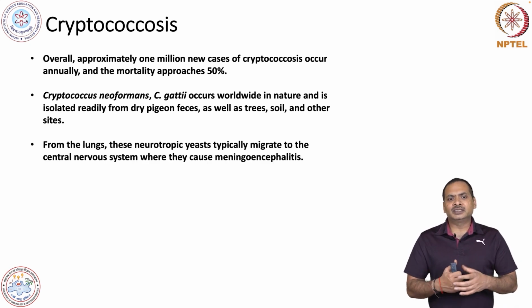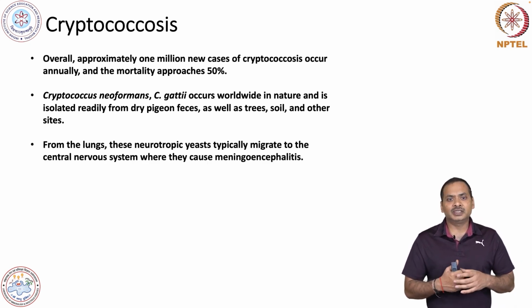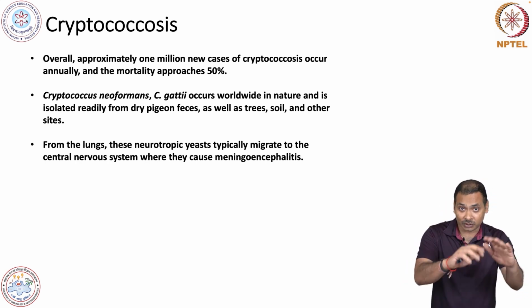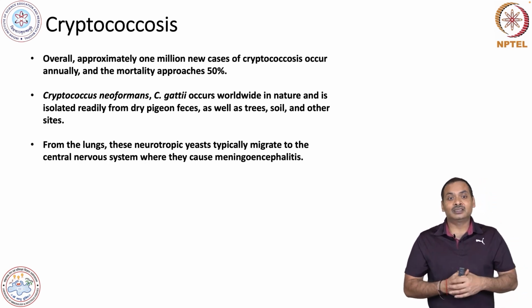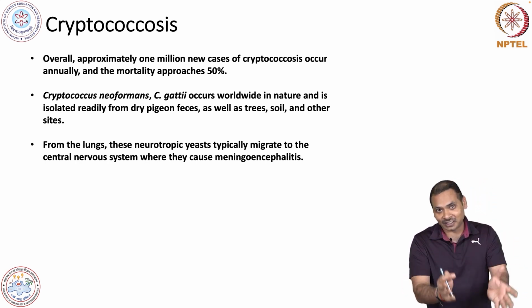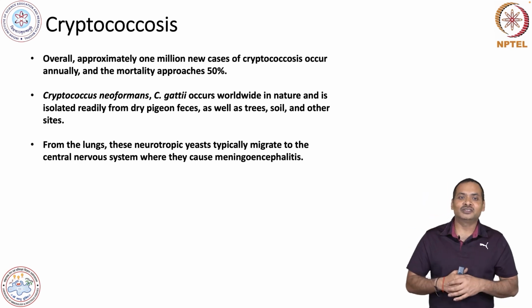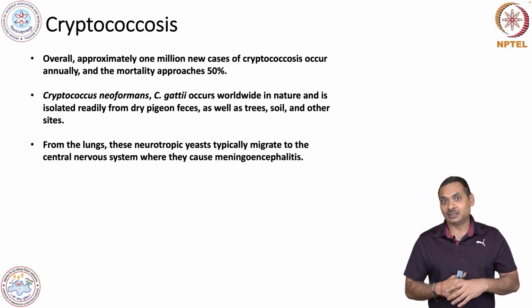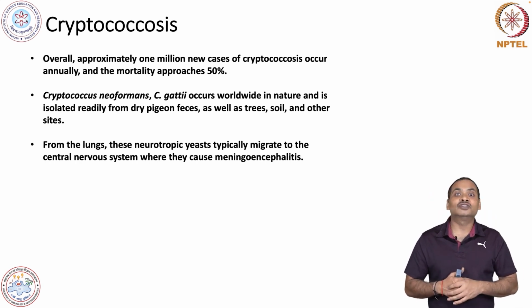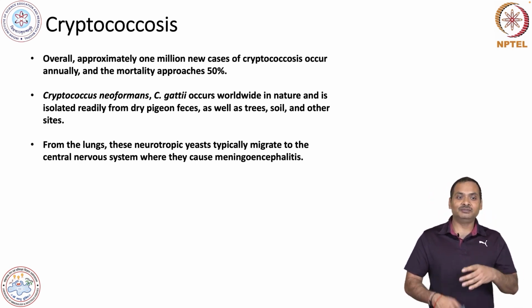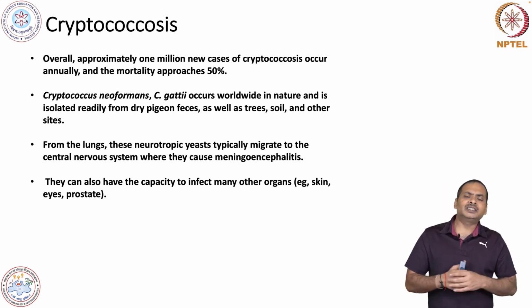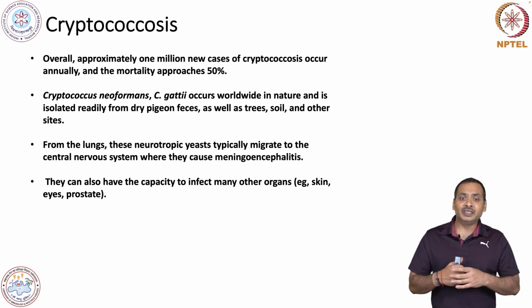From the lung, this neurotropic yeast typically migrates to the central nervous system. So they are not only affecting the lung, they are reaching the central nervous system where they cause meningoencephalitis, the inflammation of the meninges. They also have the capacity to infect many other organs.